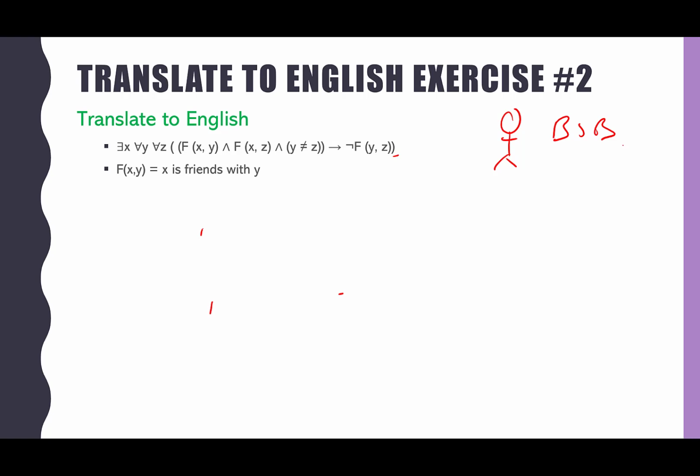There exists some person, Bob, such that for all of the people in the domain, which is whatever we decided, students, people, humans, whatever, and for any two people in the domain, if Bob is friends with this one guy from the domain, and Bob is friends with this other person from the domain, and those two are not the same person, then they do not know each other. That's what it's saying. How do we feel about that?